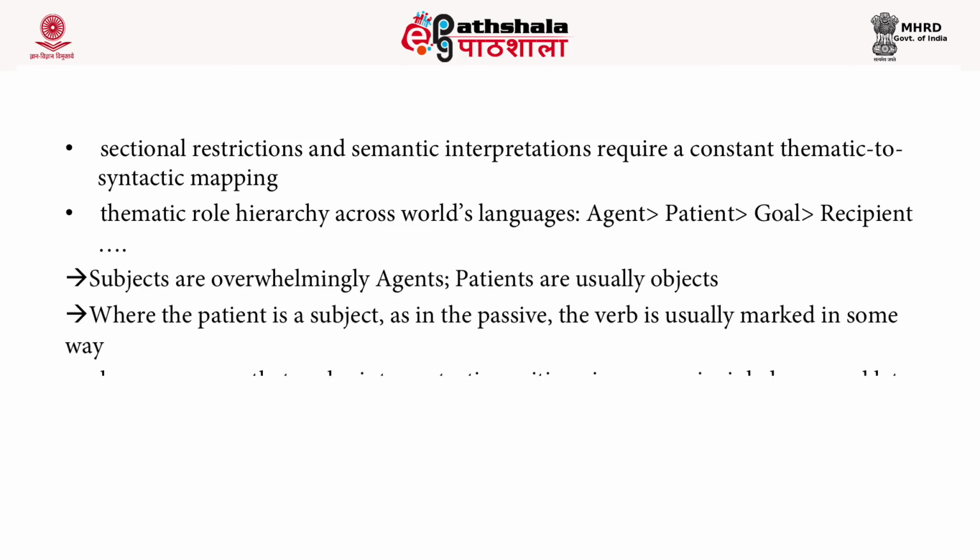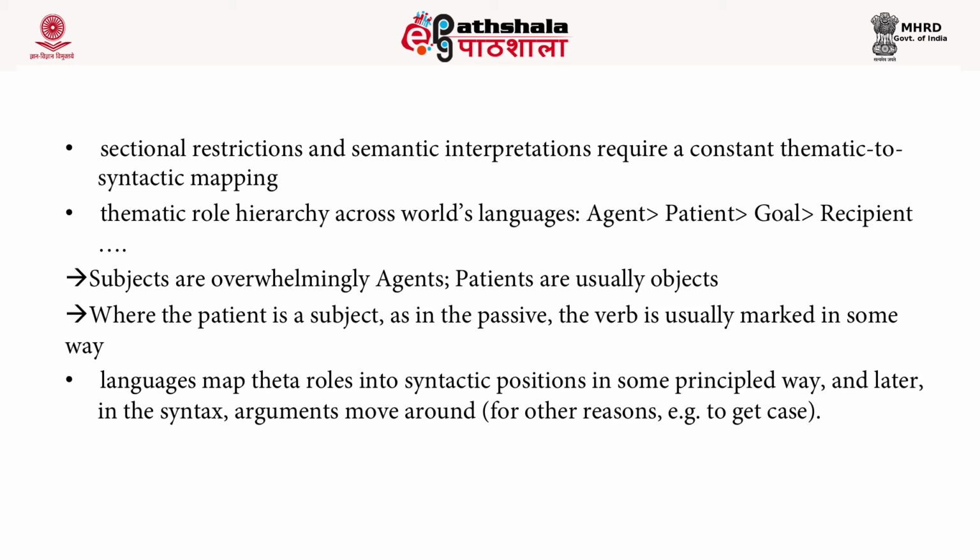The thematic role hierarchy across the world's languages goes like agent, patient, goal, recipient, and so on. By this we mean that in the majority of cases, subjects are overwhelmingly agents in the world's languages. Patients are usually objects in the world's languages. When the patient is a subject, like in the case of a passive, there is a marking on the verb that marks it in some special way.